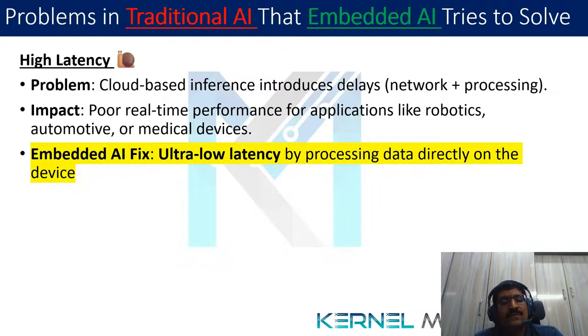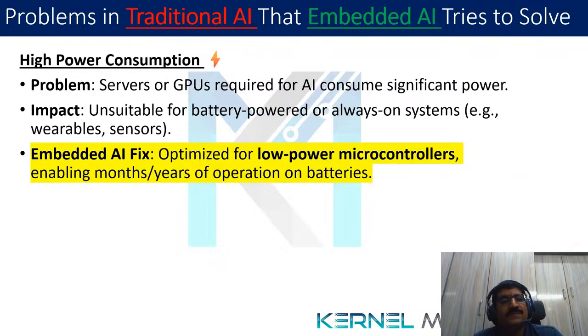A lot of issues are there. What is the solution? Ultra low latency by processing data directly on the device. Ultra means microseconds performance, very fast. So embedded AI can fix it.